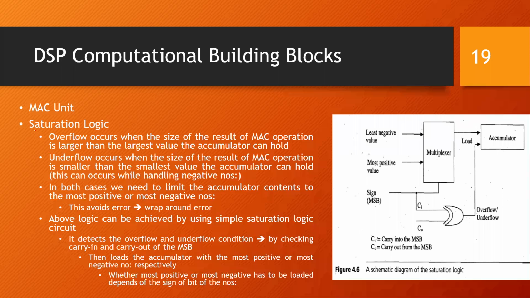Now what about the saturation logic? Saturation logic has to be implemented to avoid the overflow and the underflow condition. Now, when does overflow occur? Overflow occurs when the size of the result from the MAC operation is larger than the largest value the accumulator can hold.